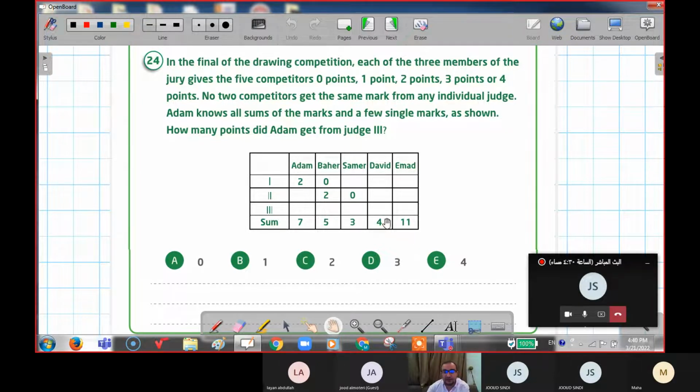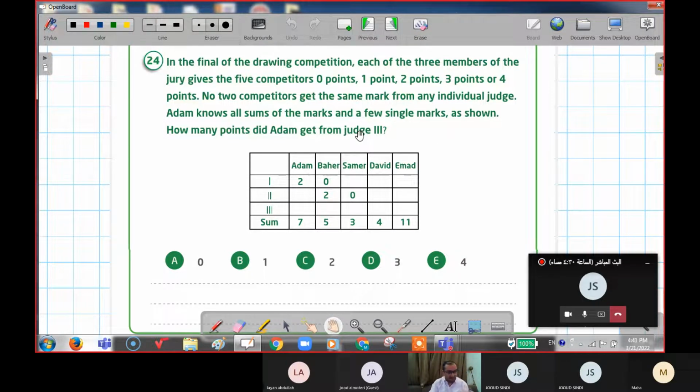But he doesn't know how many points, for example, judge number 2 gave Adam, or judge number 3 gave Imad. So I want to complete this table, then we can directly find the answer. The question is, how many points did Adam get from judge number 3?